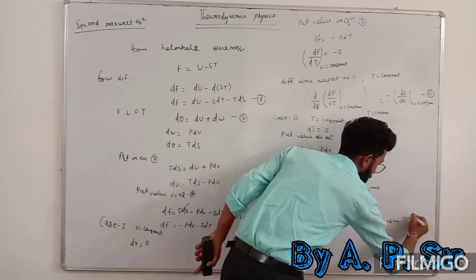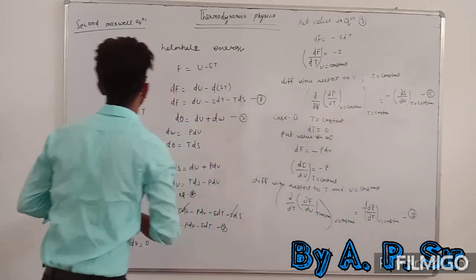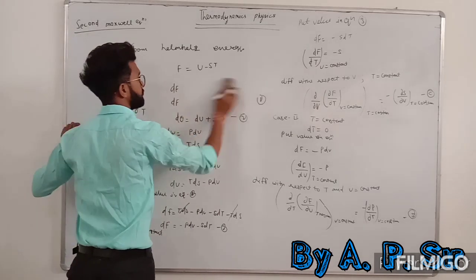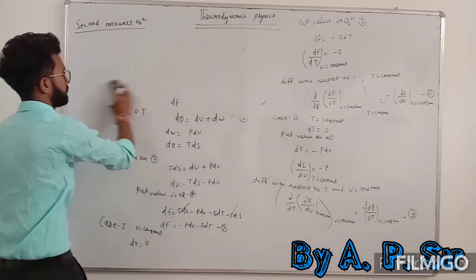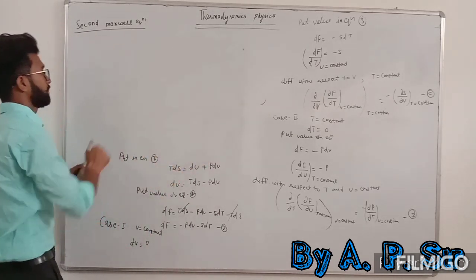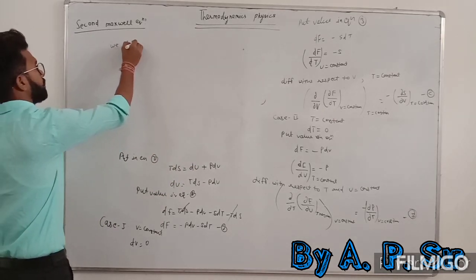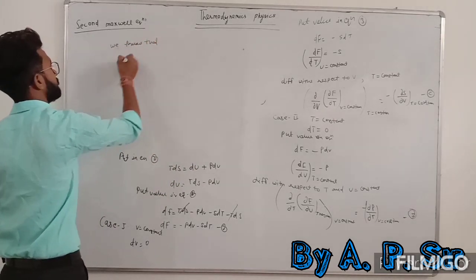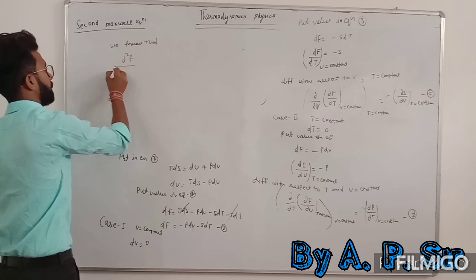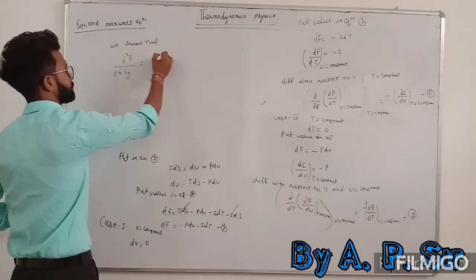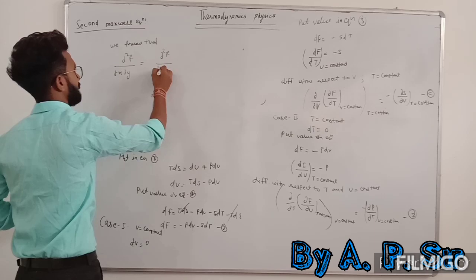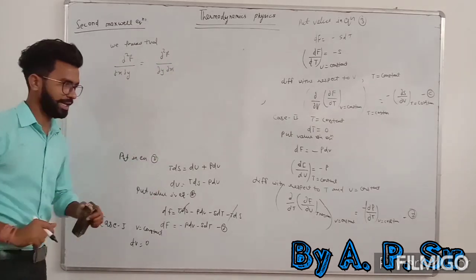This is equation number D. Then we know that del square F upon del x del y equals del square F upon del y del x.